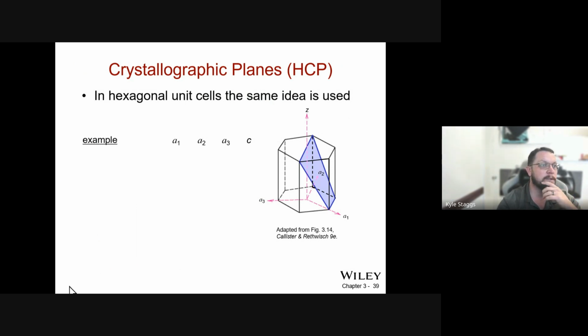So any questions as we go to close out? The bar is representing the negative value.